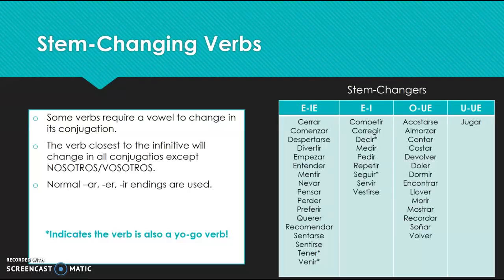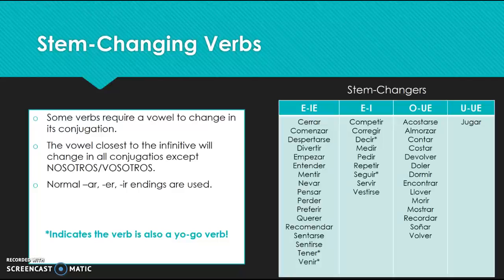What happens is the vowel closest to the infinitive changes in all conjugations except for nosotros, vosotros. So a verb like cerrar, the E is closest to the AR. And a verb like repetir, it's the second E that's closest to the IR. So those are the vowels that are changing, the ones that are closest to the infinitive.